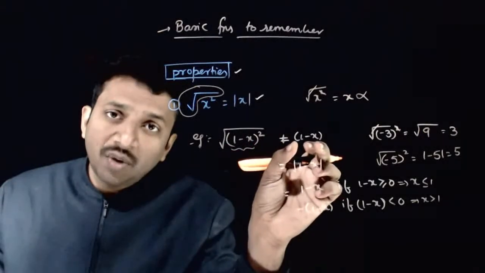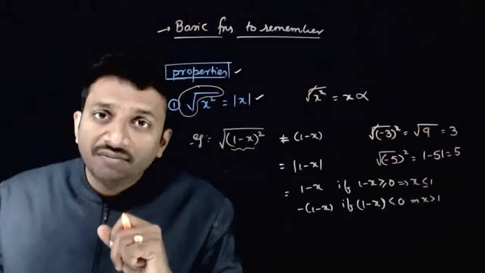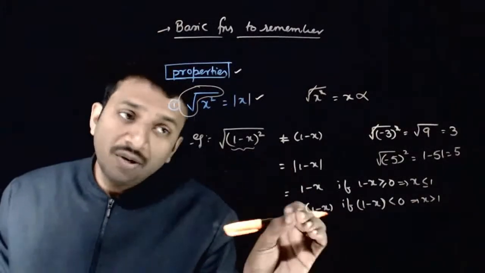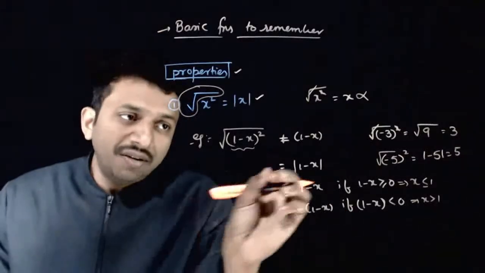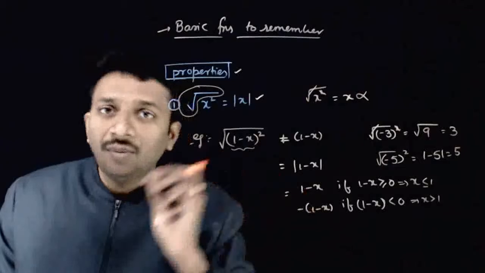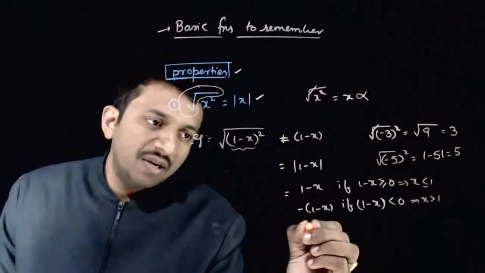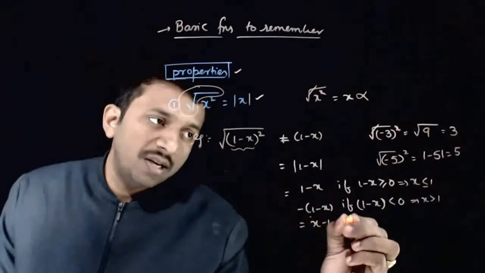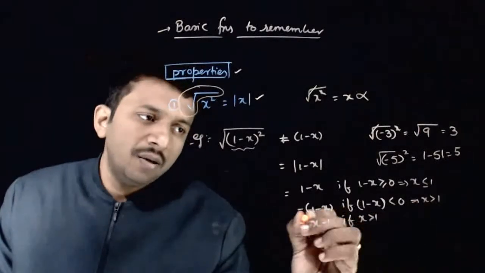If you write it as 1 minus 5, you get the number as negative. So square root of (1 minus x) whole square is equal to minus of (1 minus x). You know that if the expression inside mod is negative, you add one more negative. So that is equal to x minus 1. Minus of (1 minus x) is x minus 1 if x is greater than 1.